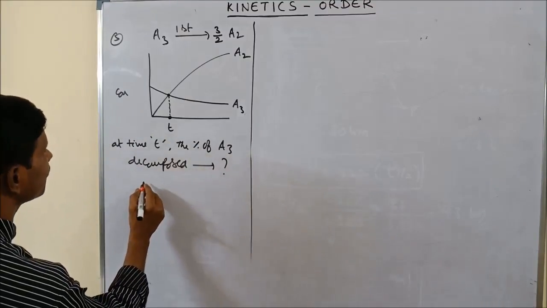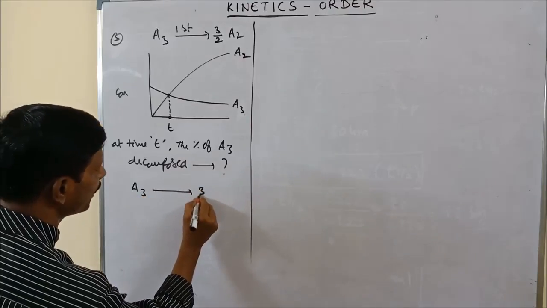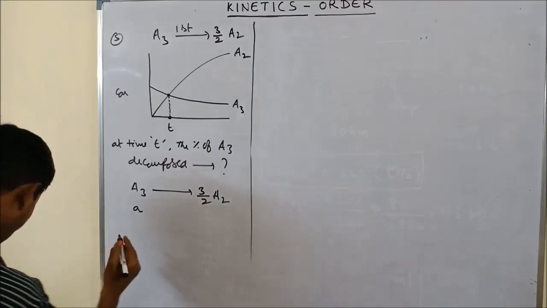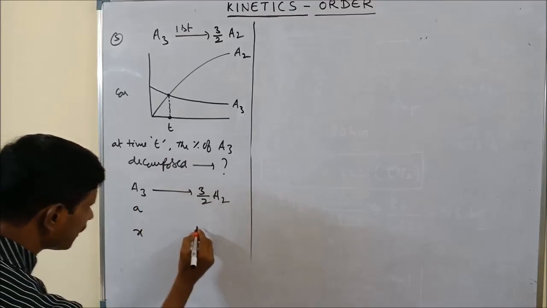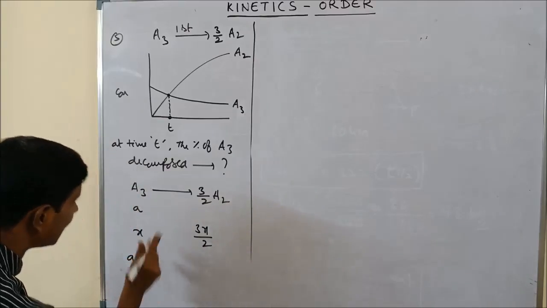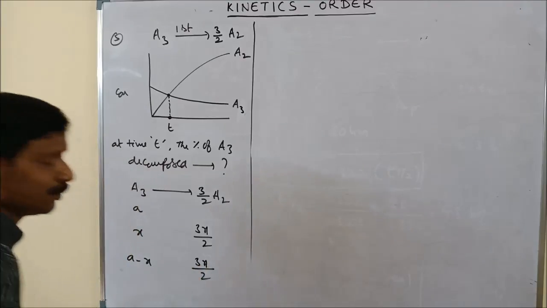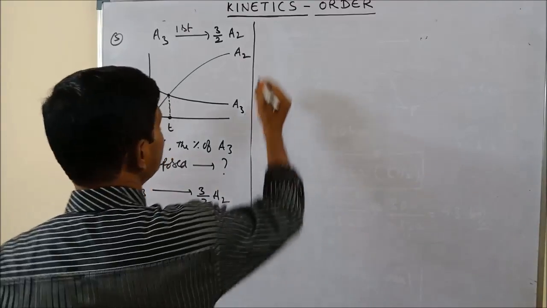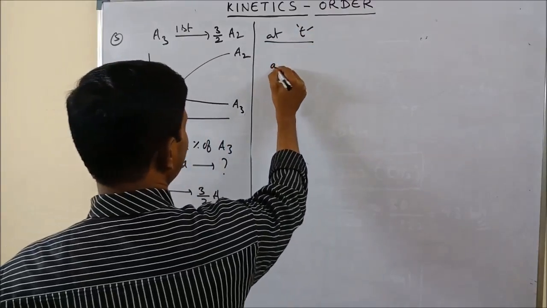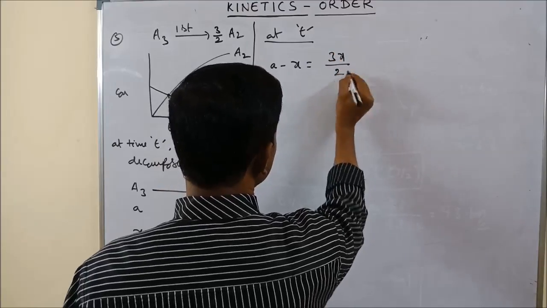So for that, just see here, this is A3 which is converting into 3 by 2 A2. Initially let it be A and the amount reacted is x. This is 3x by 2 and the remaining is A minus x at time t, and this is 3x by 2. As usual, at time t, what is the condition? A minus x equal to 3x by 2.